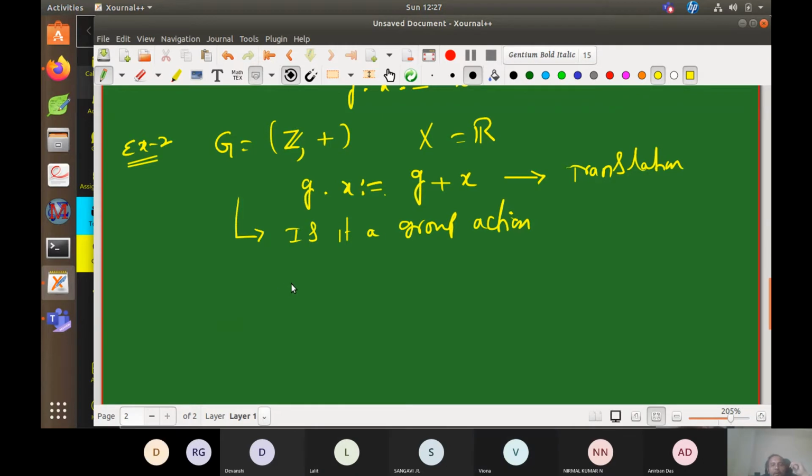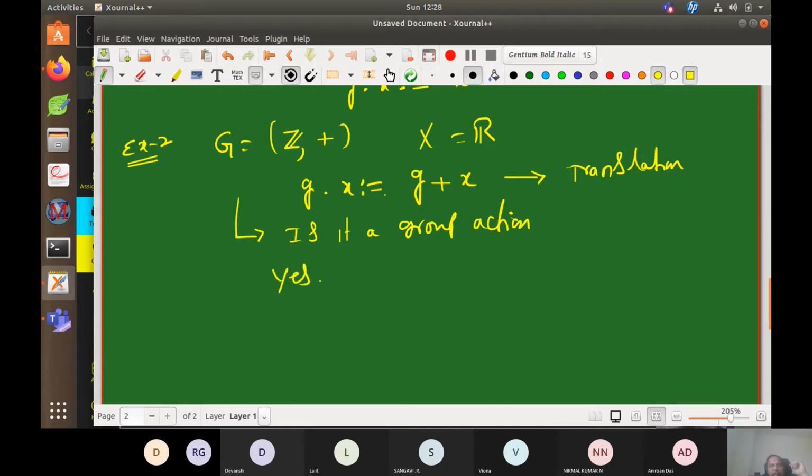The first condition you checked: 0 dot x, that is 0 plus x, equals x only. And the second condition: if you translate first by h units, then again by g units, then it is g plus h units. So here in the second condition, be careful, it is not g times h, it is g plus h. That is the reason I gave this example. So you are all convinced that it is a group action.